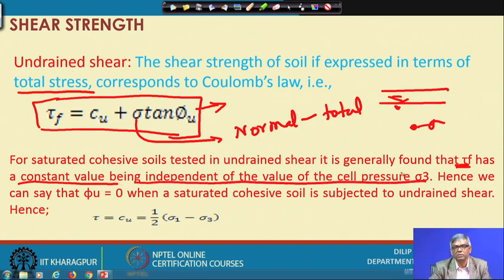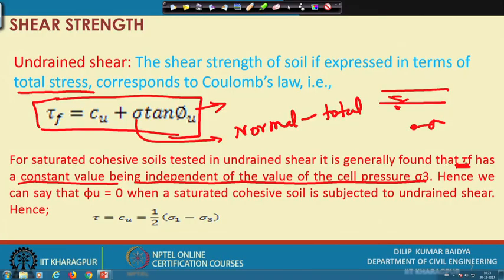As I have mentioned, during the triaxial test we apply different confining pressures and go up to failure, but when we do an undrained test on saturated soil, even though the confining pressure changes, the stress circle will not change, or tau F will be constant, independent of your sigma 3.